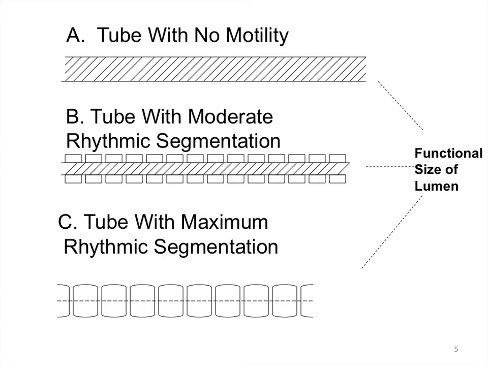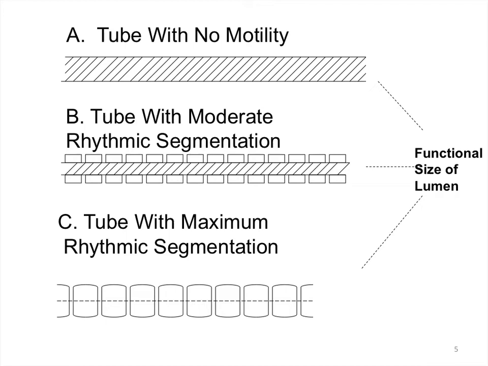Now let's talk a little bit about the motility situation in a diarrheal condition. I'm going to show three situations here. The intestine can be represented as a tube. If there's no motility, you basically have an easy flow of fluid from one end to the other, no resistance.